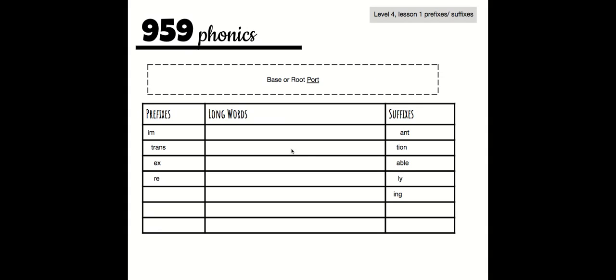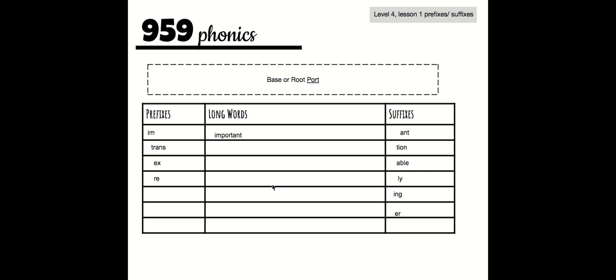So the first word I want you to write is important. So I'm going to go, prefix is right here, IM, so I'm going to write it right here. Root word is port, and then ant, A-N-T. So in my chart, I'm going to write important. So use those parts to help you as you write these words.